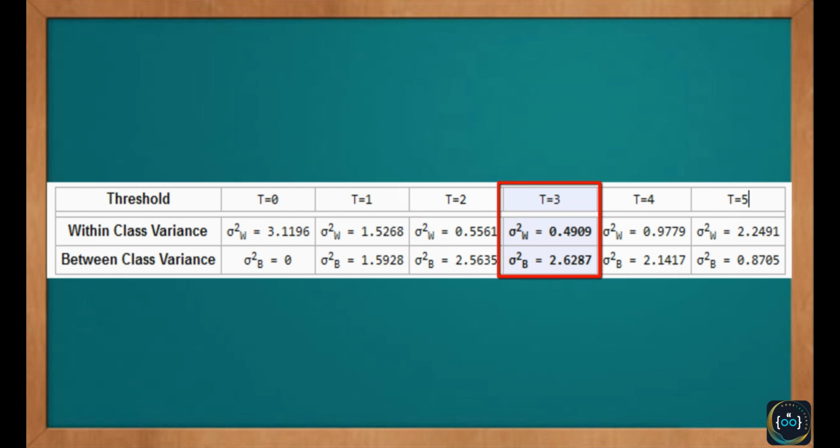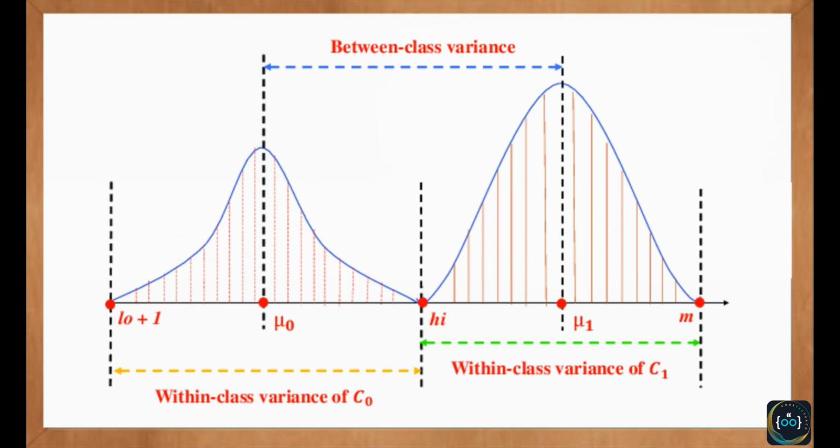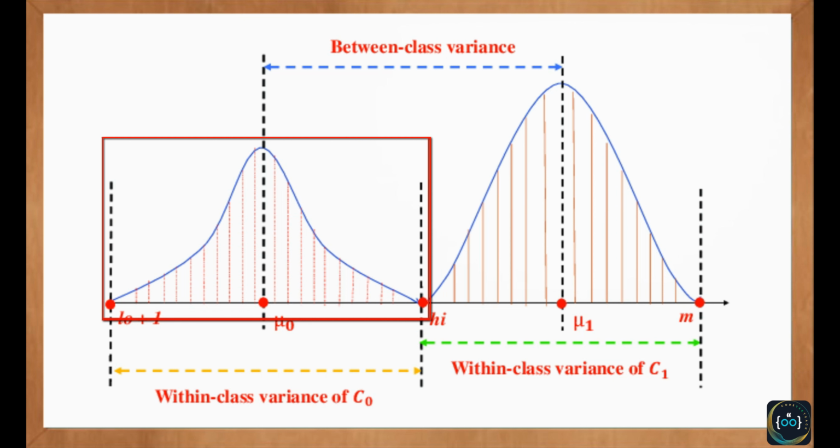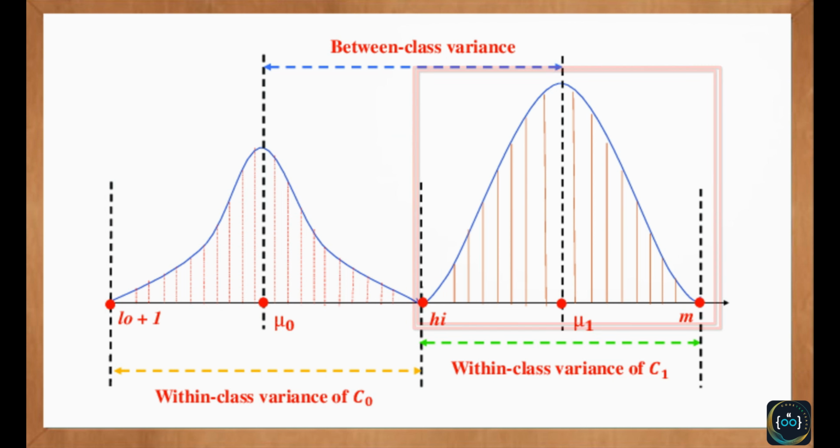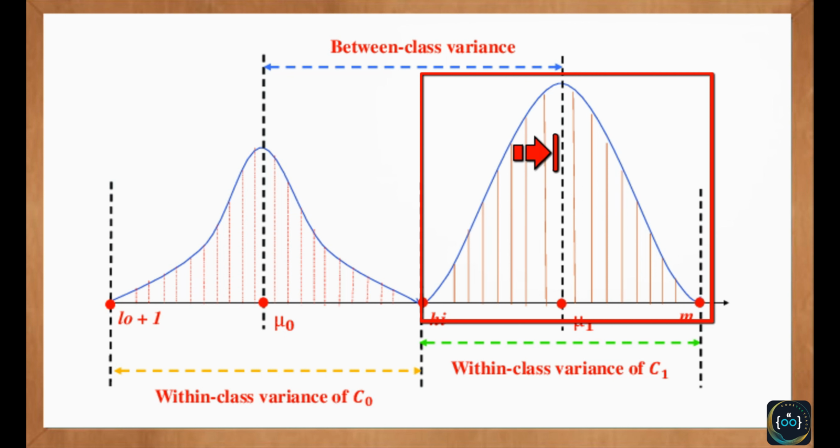Now, with this picture, we are going to differentiate between the within class variance and the between class variance. Assume this to be a histogram distribution of pixels, and the center here is the threshold. Remember that the variance is the degree of scatter, or the distance of each of the points from their mean. Within the black region there is a mean, and within the white region there is also a mean.